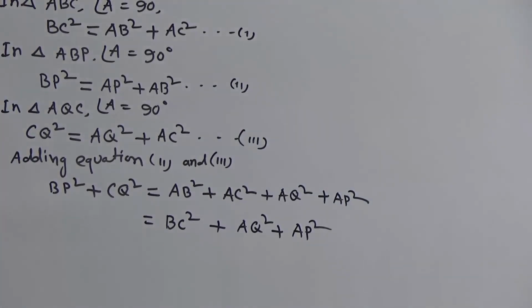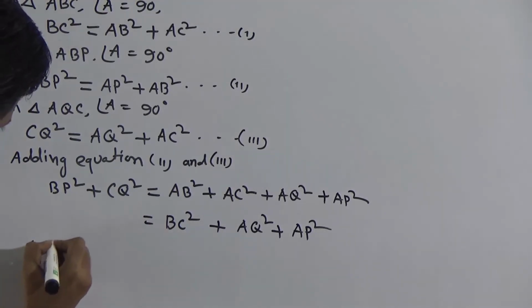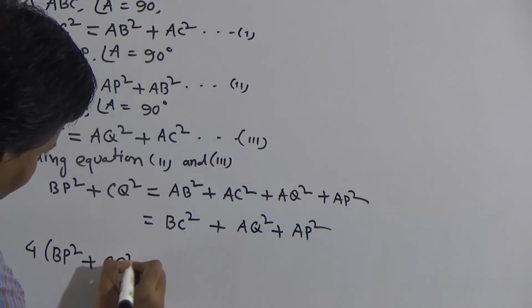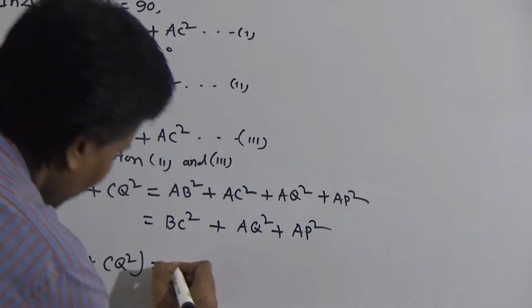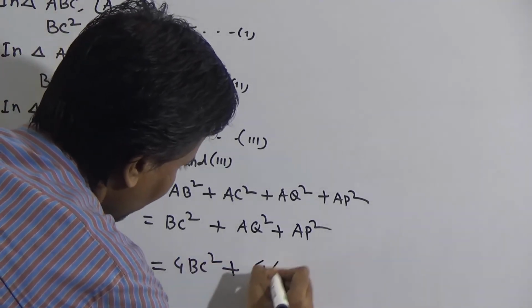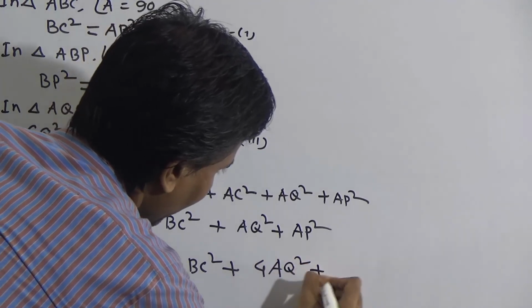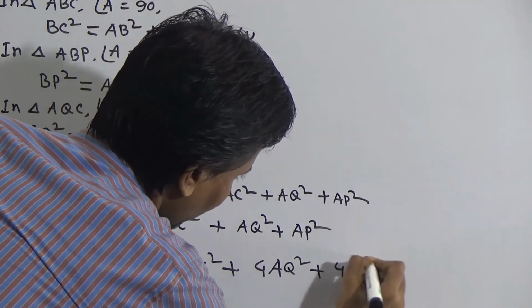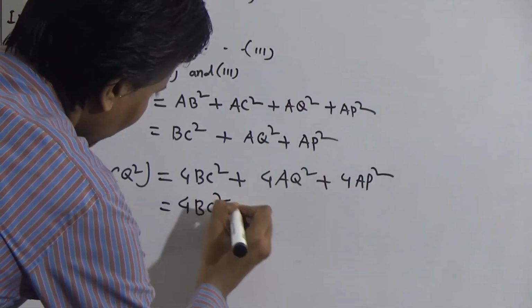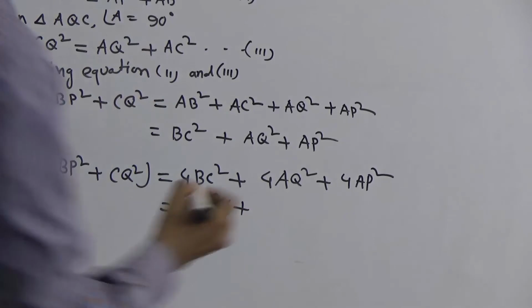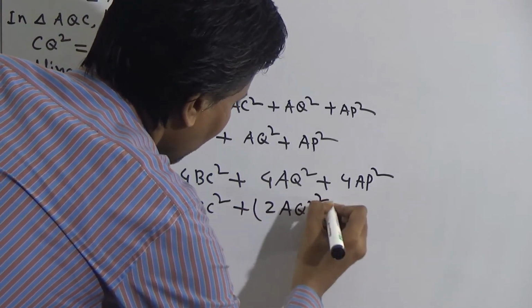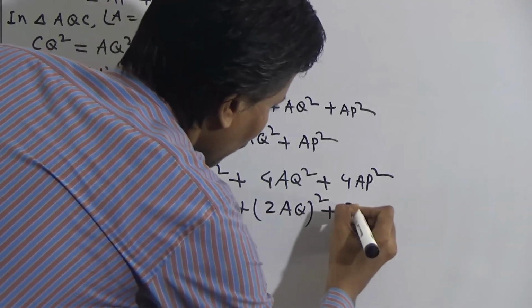Right, 4 BP square plus CQ square equal to 4 BC square plus 4 AQ square plus 4 AP square.